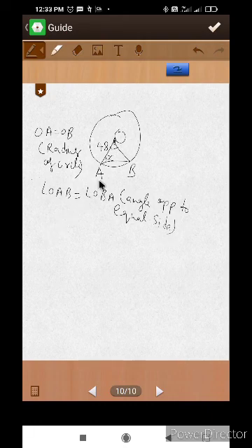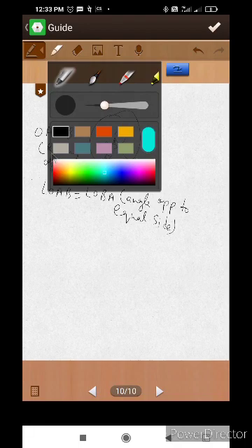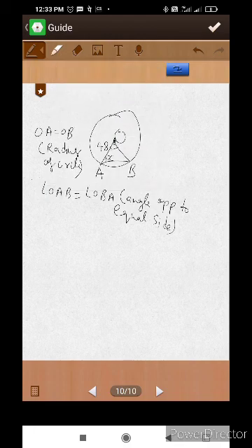So, let me change the color. This will also be x. So angles opposite to equal sides are equal.